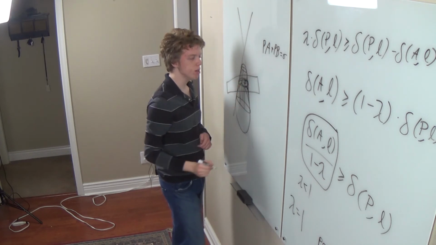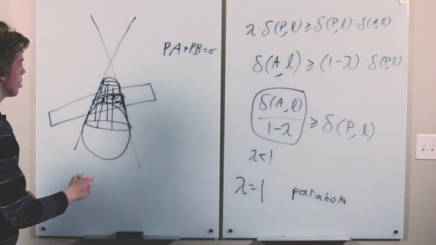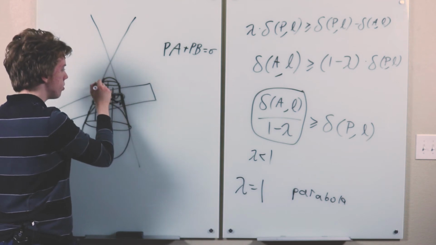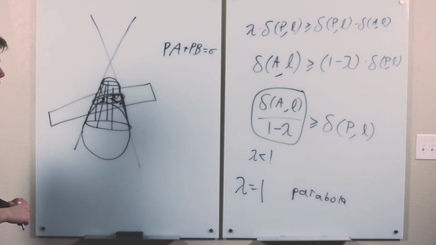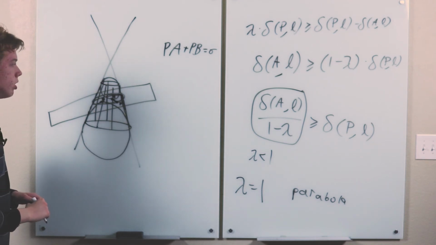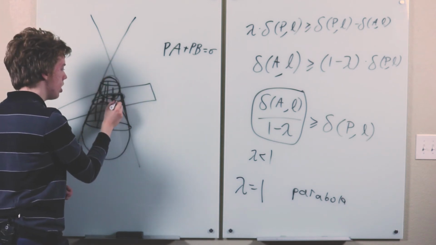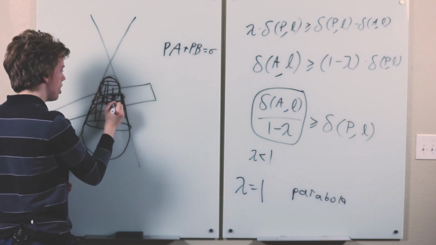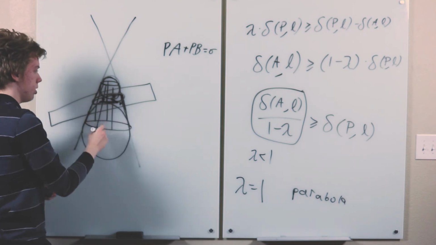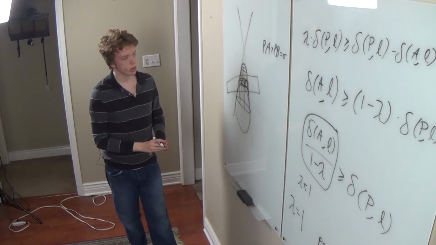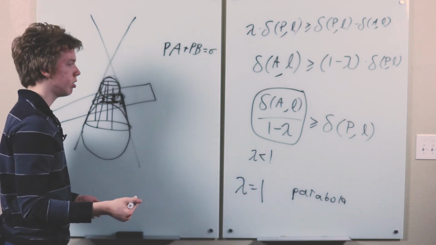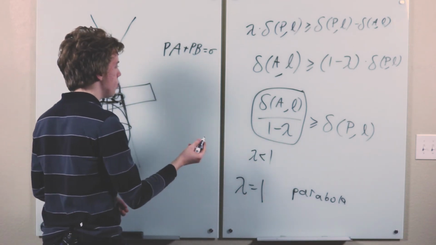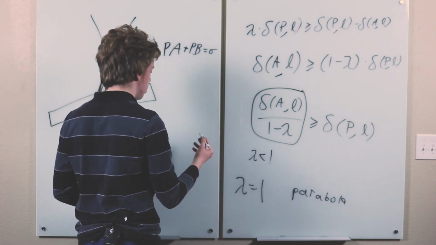Well, take any point P. The sphere is tangent to the plane, so PA, the line segment, or I guess we'll say the line PA, is also tangent to this little sphere, and then PB is tangent to the big sphere at B. But any two tangents from a sphere to a point have the same length.